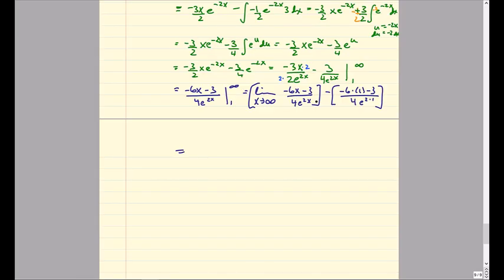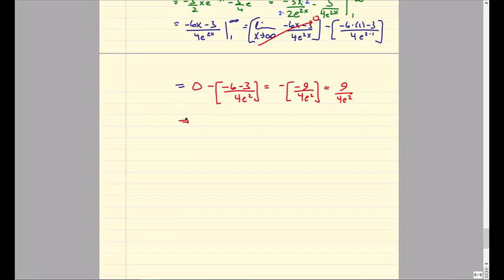The numerator is going toward infinity, but the denominator is going faster toward infinity because I have the x in the exponent. So this whole term is going towards 0. So I have 0 minus, here I have a -6 minus 3 all over 4e squared. So I have a minus, -6 minus 3 is a minus 9 over 4e squared. So this is 9 over 4e squared.